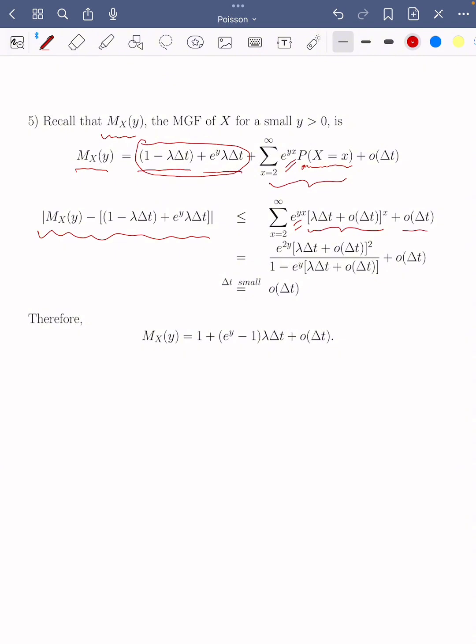So now, this one actually is a geometric series. So you want to calculate the sum of the geometric series, and the summation will be equal to the first term divided by 1 minus the ratio between two consecutive terms. So this is the first term.